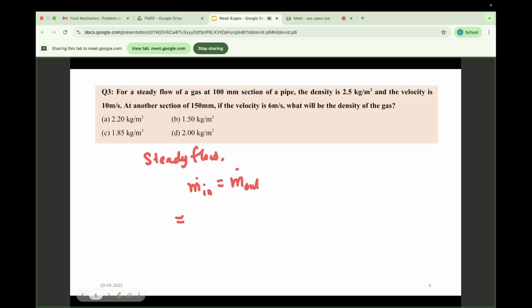So mass entering means rho 1 A1 V1, and mass going out is rho 2 A2 V2.